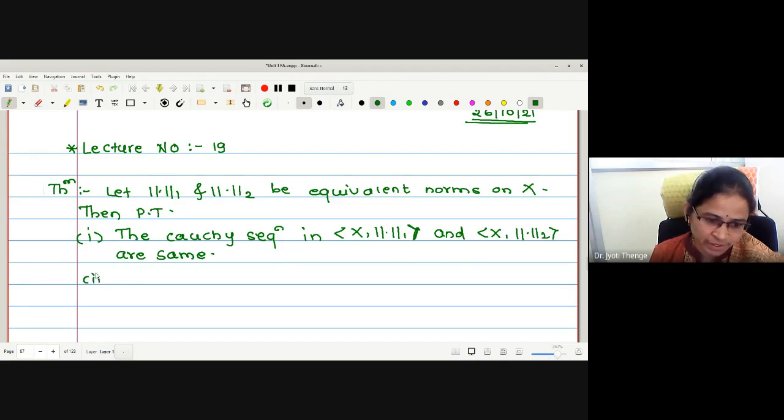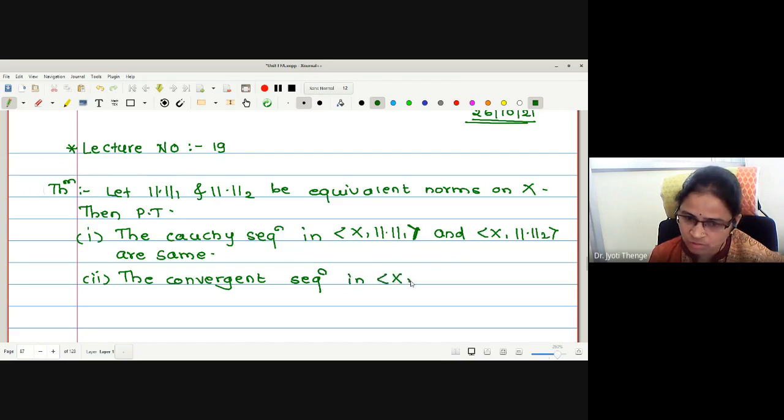Statement number 2 is regarding convergence. So here we will write: the convergent sequences in (X, norm 1) and (X, norm 2) are the same.